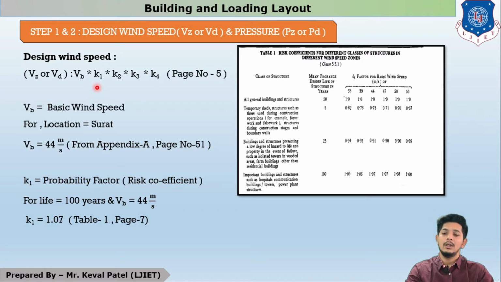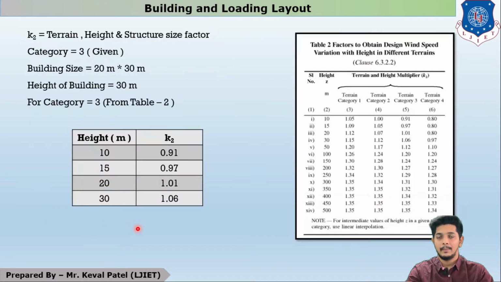For these 5 things, Vb is the basic wind speed at Surat. For that, we have followed Appendix A, page number 51 from IS 875, Part 3, 2015. Now, after Vb as 44, we will move to K1. K1 is directly taken from page number 7, table 1 for 100 years. K1 will be 1.07.